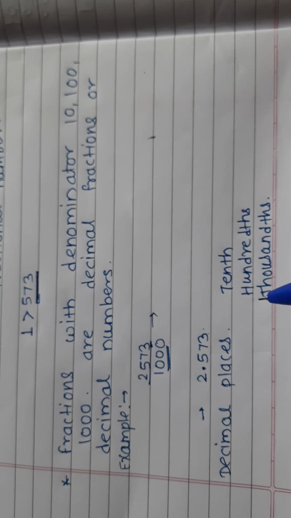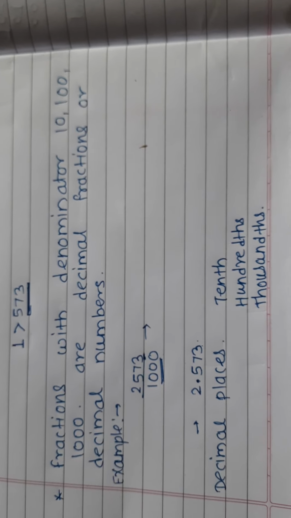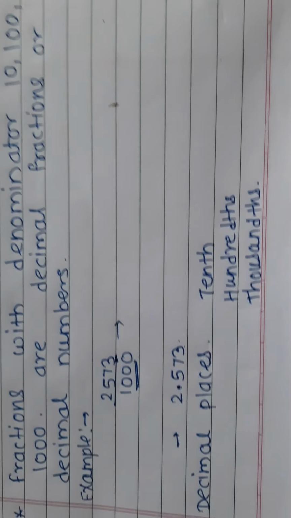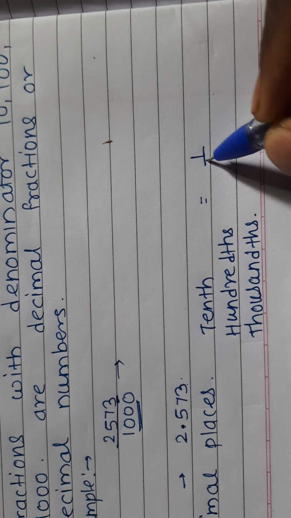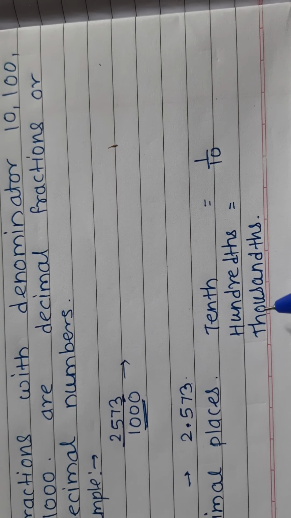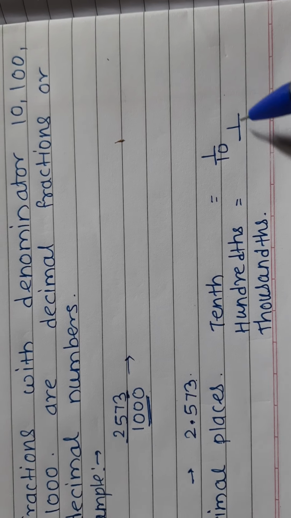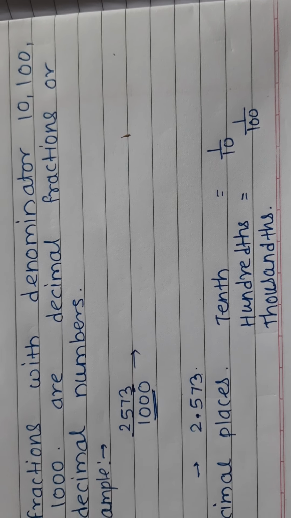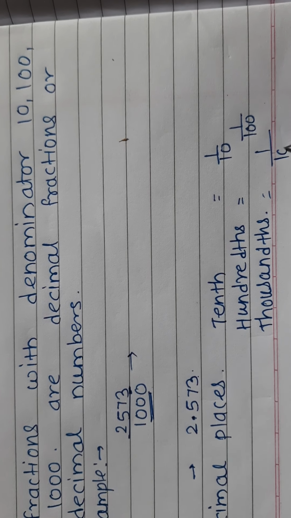Everyone knows the places of whole numbers, the normal places. In decimal places there are no ones or units; there is the tenths place. What is meant by tenths? Tenths means 1 upon 10. The second place is hundredths, which means 1 upon 100. Then thousandths means 1 upon 1000.